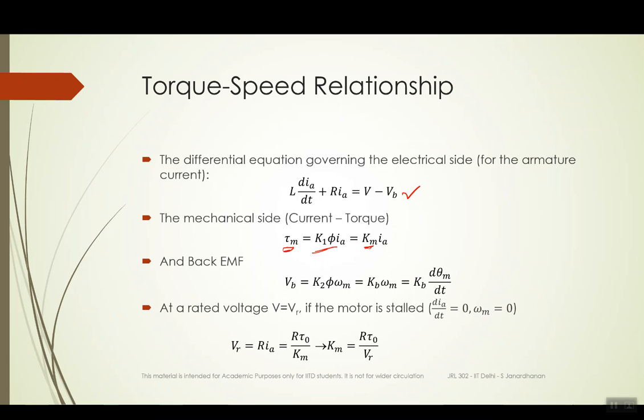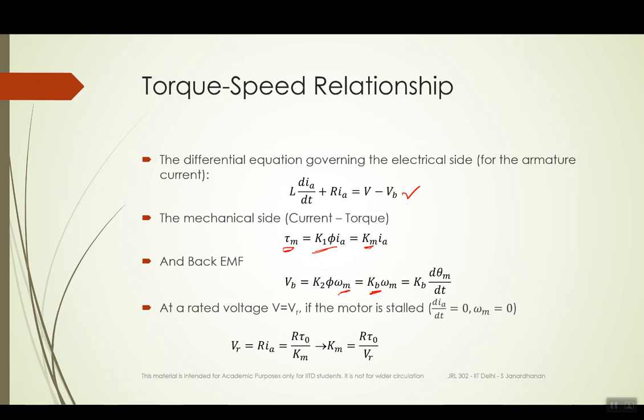And for the back EMF, Vb is proportional to the speed of rotation of the rotor, so you can have a back EMF constant Kb relating the back EMF and the speed of rotation.